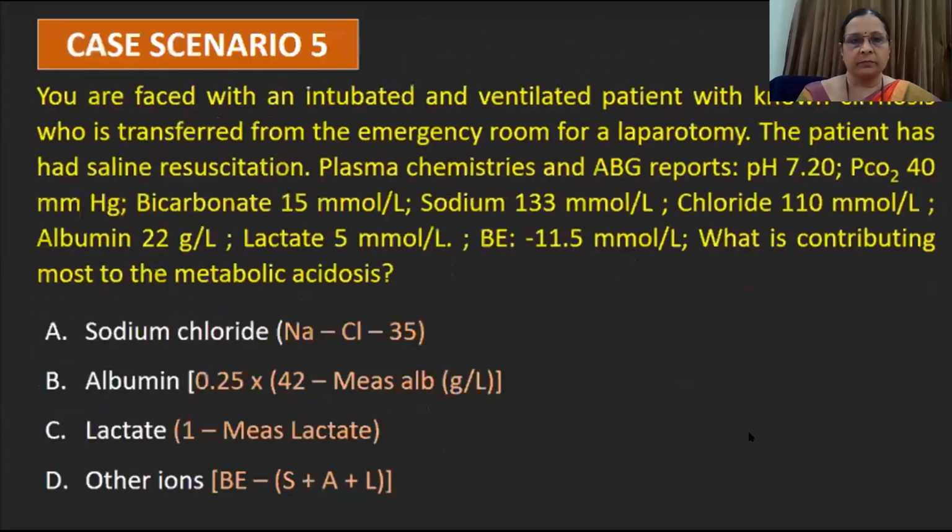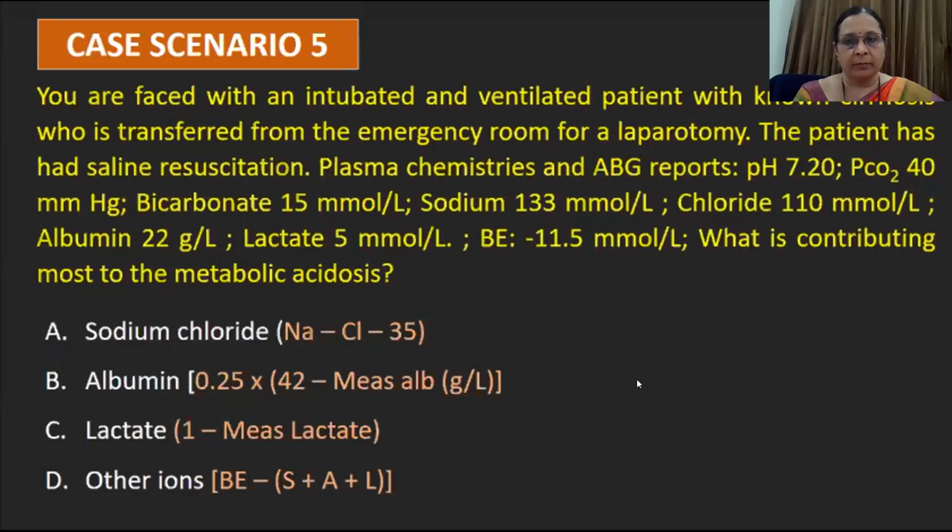Alankrita. The same case, we have the Stewart approach to be done now. Okay, ma'am. We'll calculate the sodium chloride effect by the formula. Measured sodium, which is 133, minus measured chloride, which is 110, minus 35, which comes to 133 minus 145, which is minus 12. Albumin effect we will calculate by 0.25 into 42 minus the albumin, which is 22 grams per liter.